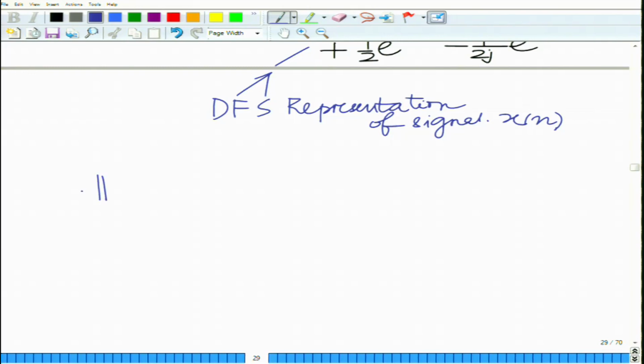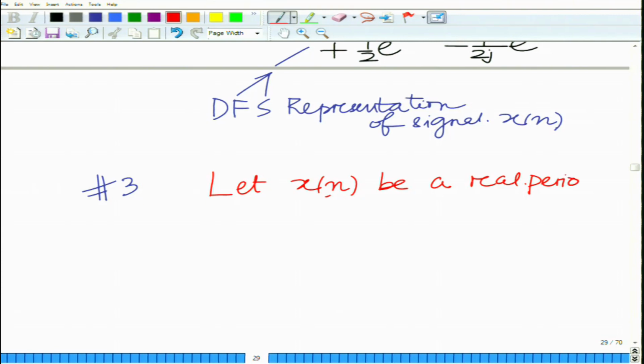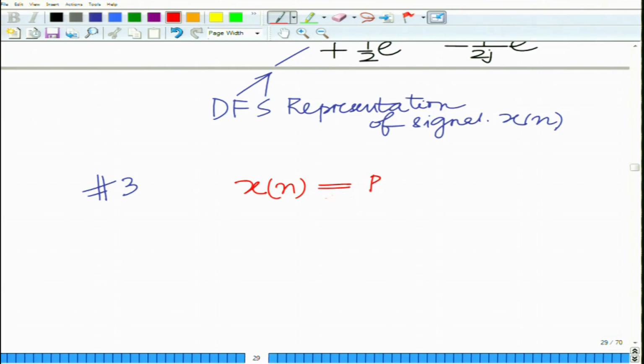Let us look at problem number 3. Let x[n] be a real periodic sequence. Let us write it in compact form: x[n] is real plus periodic.